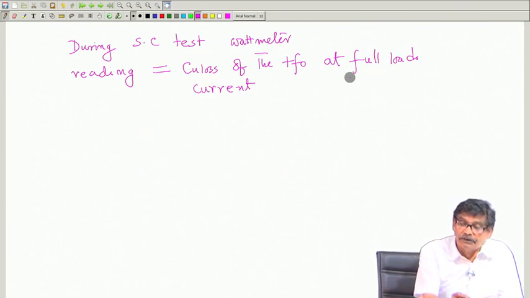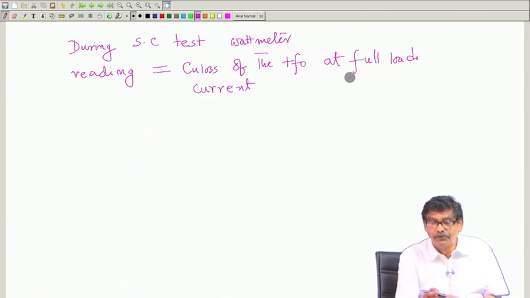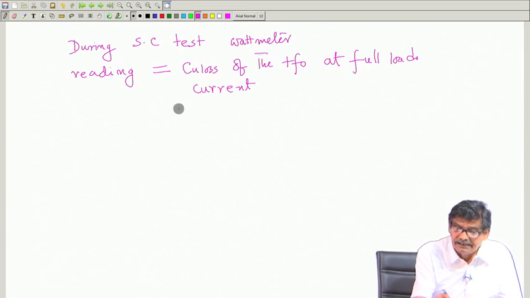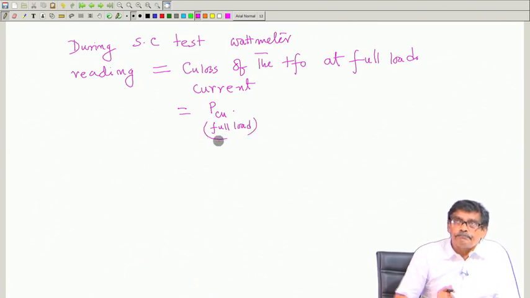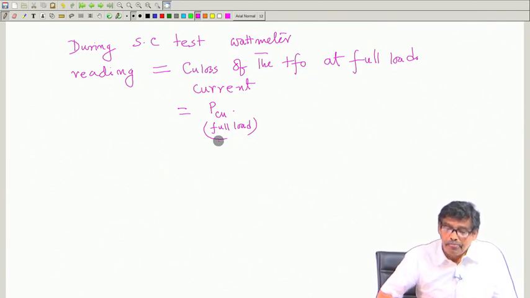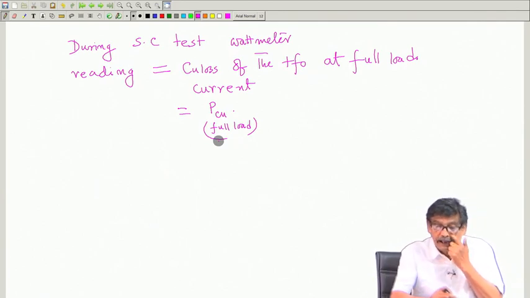Therefore, copper loss at full load current is this, and this I call as P Cu full load. Let me write in longhand, so that it is understood.